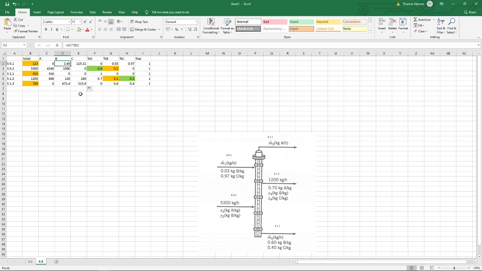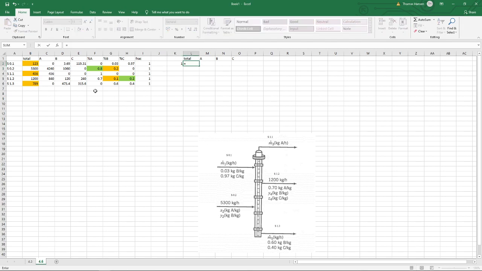So now I actually have the amounts of A, B, and C in all of my streams defined from the compositions and the total masses. And just for a sanity check, I have my fractions. So in this case, again, unfortunately, we only have one unit operation, but we can do our total mass, we can do our A, B, and C for the first.